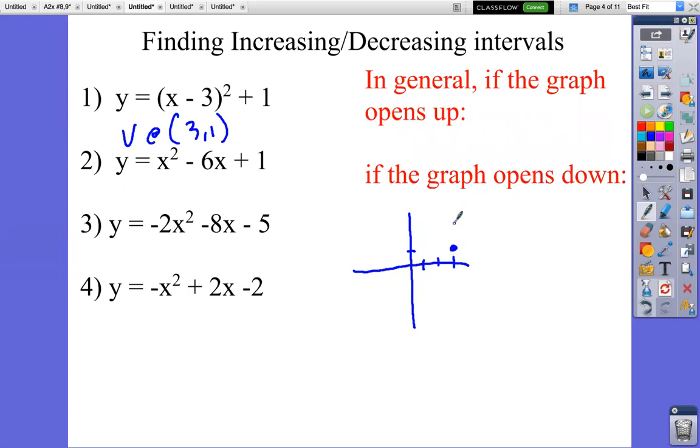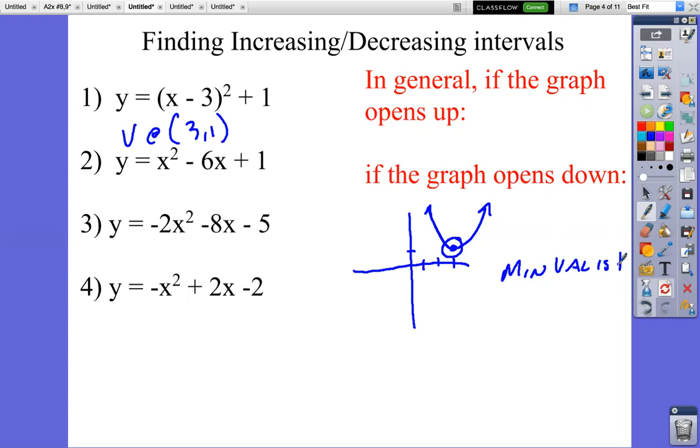So again, I know it's going to look something like this. Now, you do not have to graph it. You just have to know what it looks like. Again, this is nothing but information. So does this vertex create a maximum or a minimum value? Minimum. So your minimum value is 1. Now, we just talked about that for 10 minutes, right? So we should be good with that.